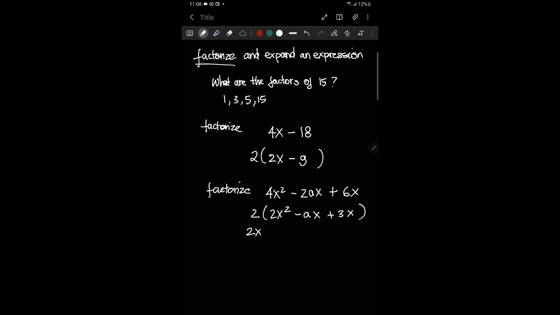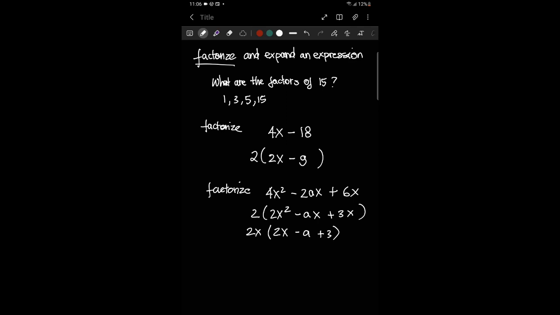I take x out from each term, so I put the x out together with the 2. So 2x. And then this one, 2x squared, if I take the 1x out, we only have a single x, right? Negative ax, if I take the x out, then what's left will be a. And then plus 3x, if I take the x out, that one would be plus 3. Now, that one is factorized.